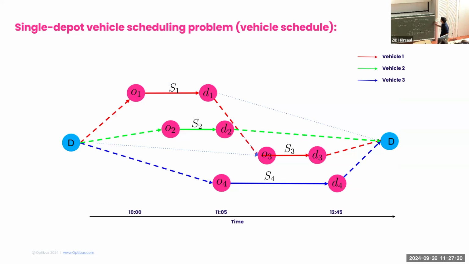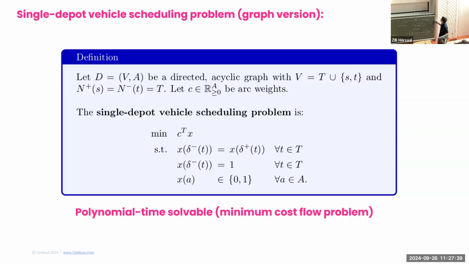And one thing is, here we consider these trips as vertices. So if you use it as a graph, there's no need to have it as an edge. You can just take it as a vertex because you only have incoming arcs here and you only have outgoing arcs here. You can just contract them and you consider all these trips that you want to cover as single vertices, which would be the T's here.